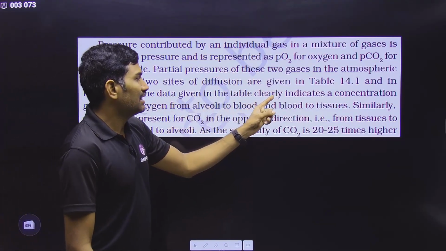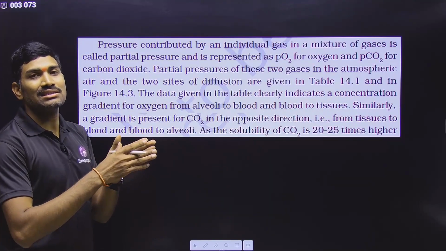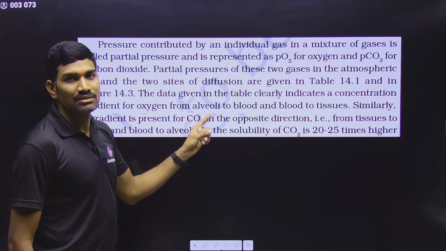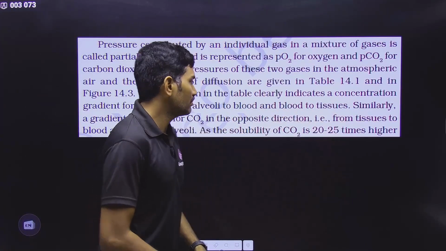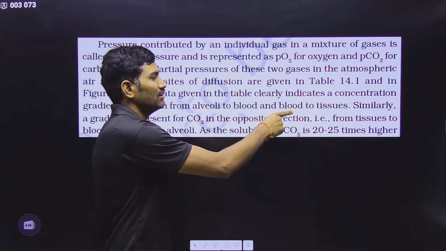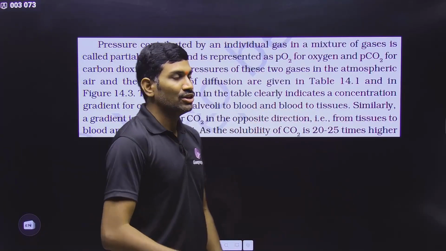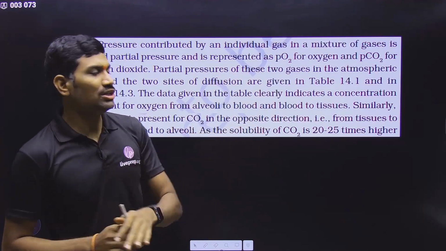The data given in the table clearly indicates a concentration gradient for oxygen from the alveoli to the blood and also from the blood to the tissues. That means the alveoli have more partial pressure when compared with the blood, and the tissues have even less. So in this way oxygen from the alveolus is going into the blood and from the blood it is going into the tissues.